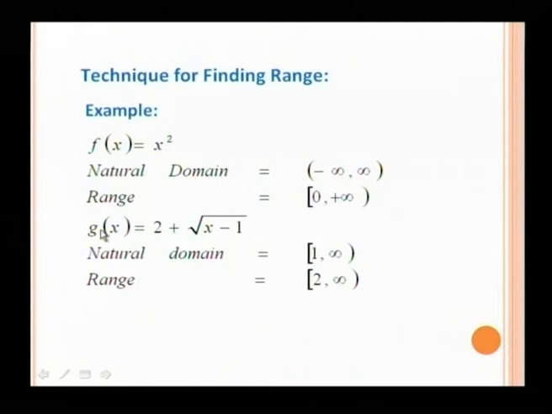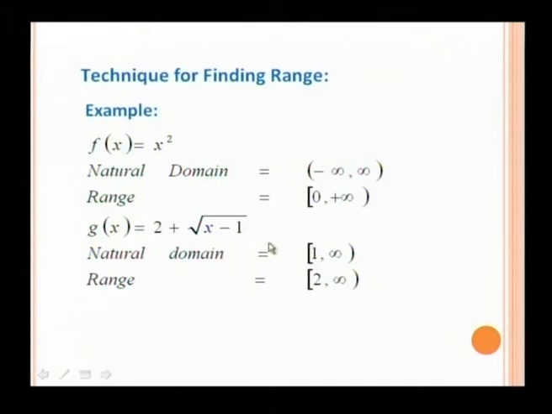If we consider the second function, which is g of x is equal to 2 plus under root x minus 1, we have considered the natural domain for this function, which was 1 to infinity. Now by putting all the values from 1 to infinity in this function, we will get the range.